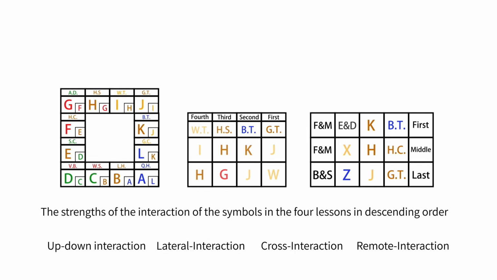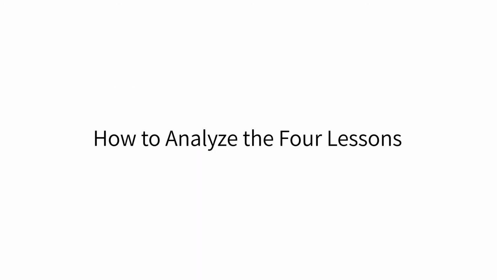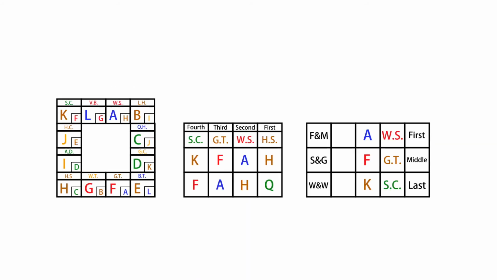The strength of the interaction of the symbols in the 4 lessons in descending order are up-down interaction, lateral interaction, cross-interaction, remote interaction. The relationship between the symbols in the 4 lessons is a key point for us to judge the future direction of things.